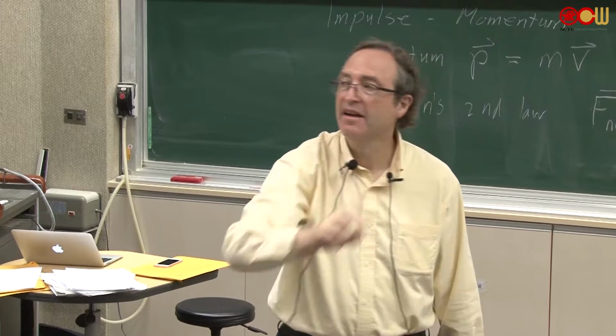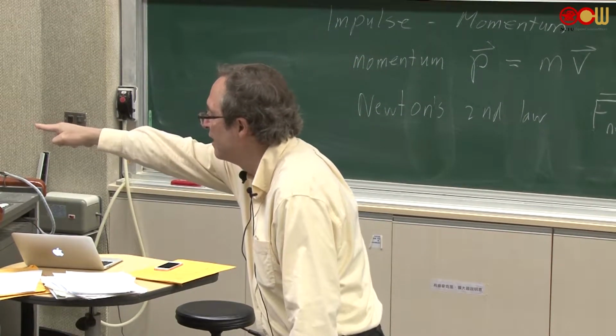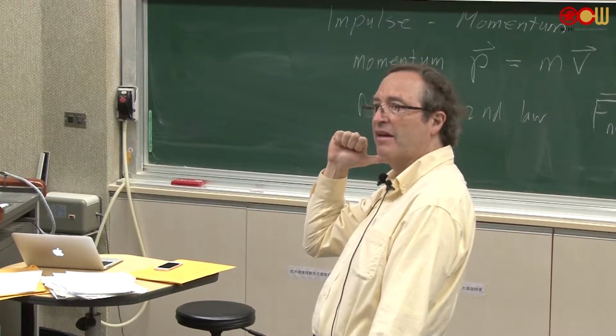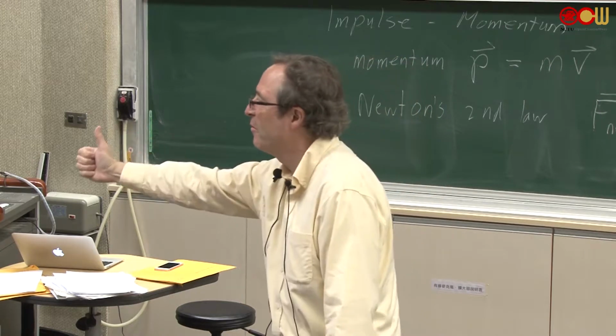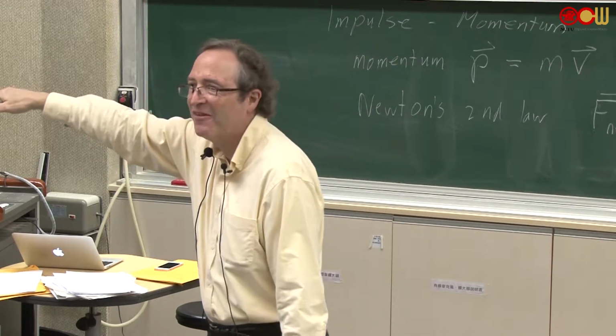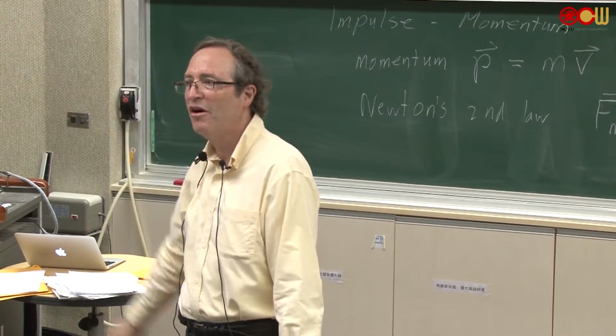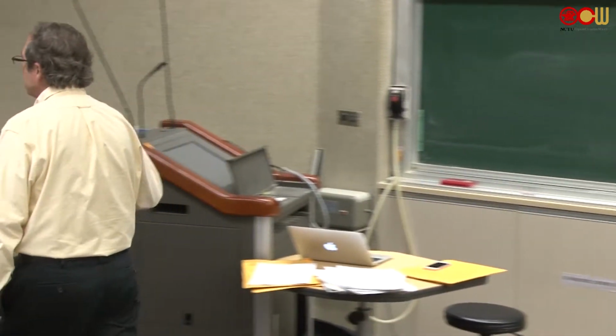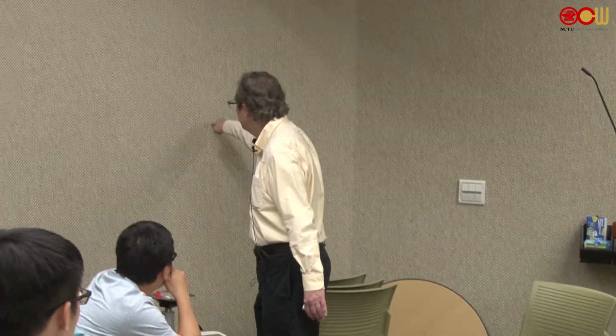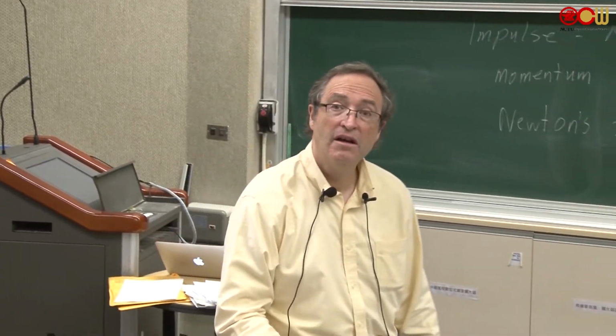Direction. The momentum this way minus the momentum that way. Or the reverse. Right? So it has a momentum going this way initially and a momentum coming back the other way. So the change in momentum is not zero.